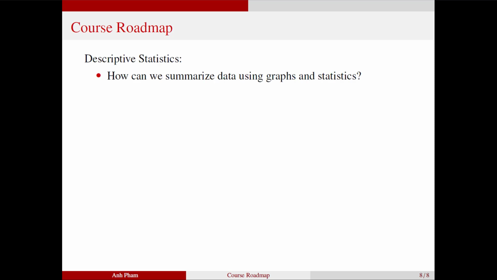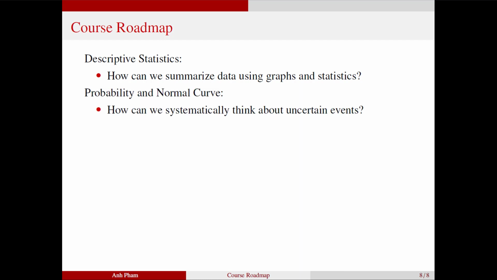With all of these terminologies introduced, now we will talk about the overall big picture of what this semester is going to cover. The first part of the semester is going to cover descriptive statistics, where we are going to learn how we summarize data, how we describe our data using graphs and different descriptive statistics.